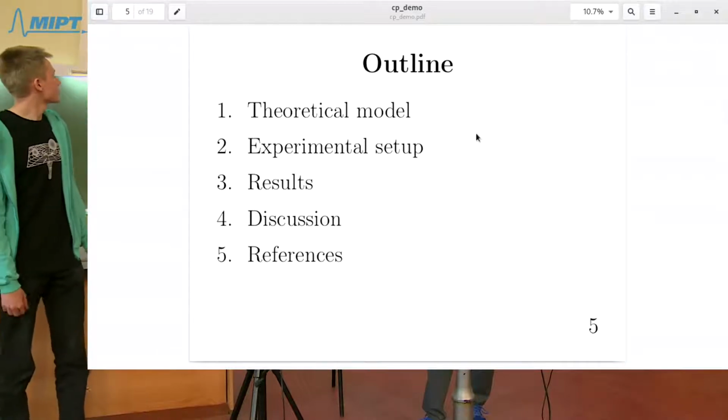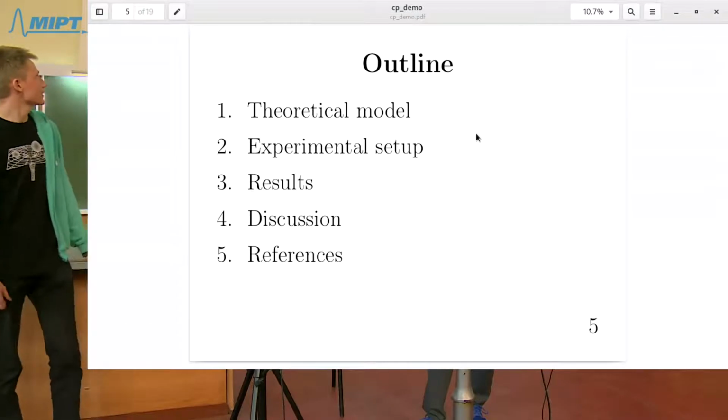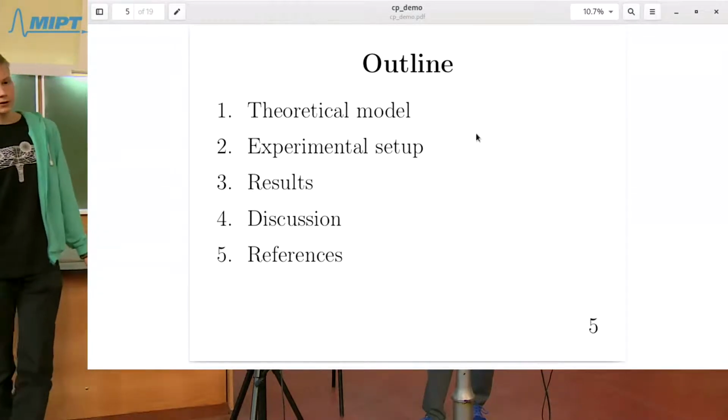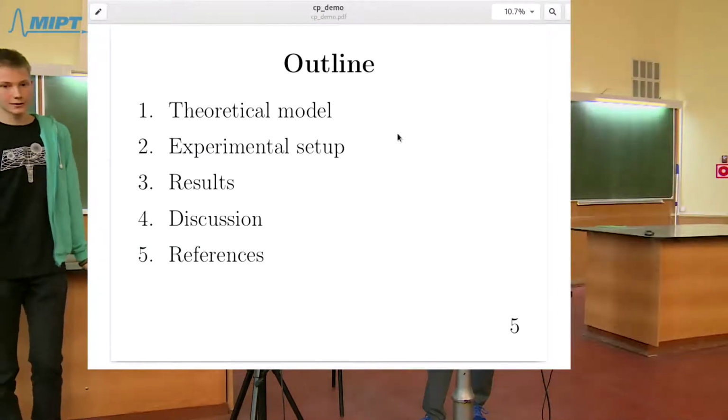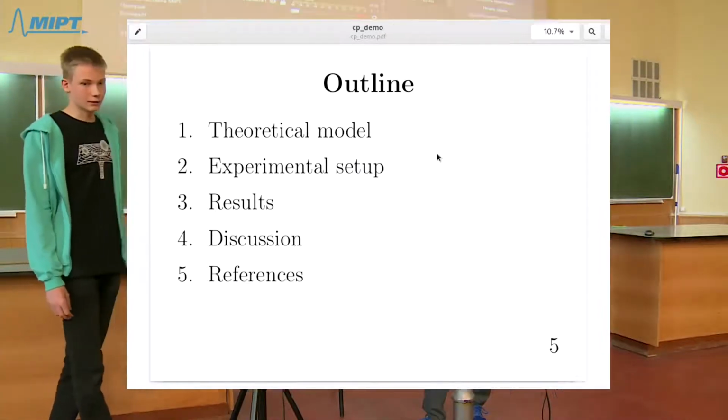In our presentation, we will at first describe our theoretical model, then talk a little about our experimental setup, then show our results and discussion.